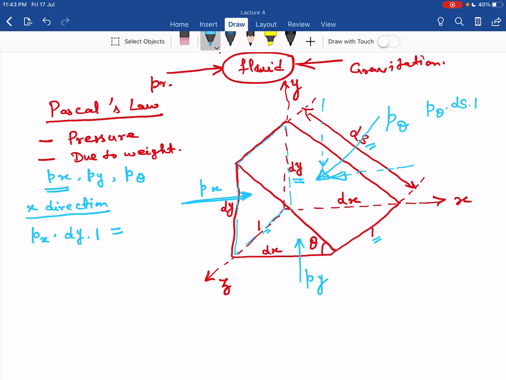Okay. And if this angle is theta, so you have this angle also as theta. So this component becomes p theta into ds into sine theta, and the vertical component is p theta ds into cos theta. So now you can write px into dy into 1 along x-axis is equal to this component of force, p theta into ds into sine theta.